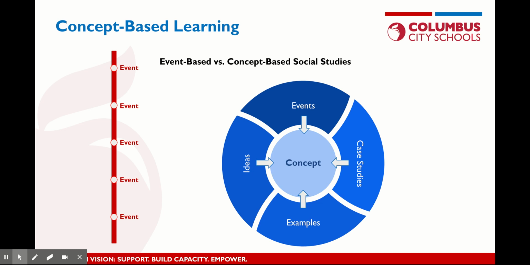If you notice in the event-based teaching, it's really these series of things that happen along a timeline. Again, if it were geography, it might be simply looking at a series of places across the globe. And that's not to suggest that what we're talking about in concept-based teaching doesn't involve chronology or that we're trying to throw out timelines. That's not the case at all.